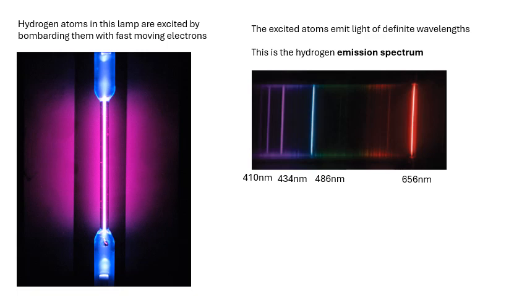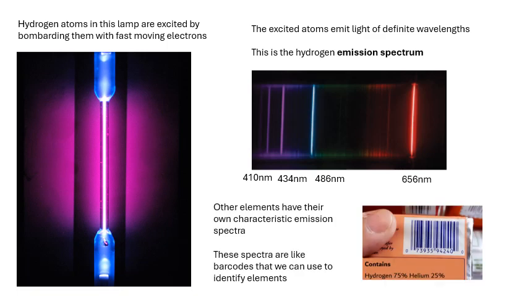And if you look, we can actually measure the wavelengths, and I'll tell you how we do that in a bit. You see a very prominent red line, that's called hydrogen alpha. So we get light of very, very definite wavelengths that we can measure. And other elements have their own characteristic emission spectra.